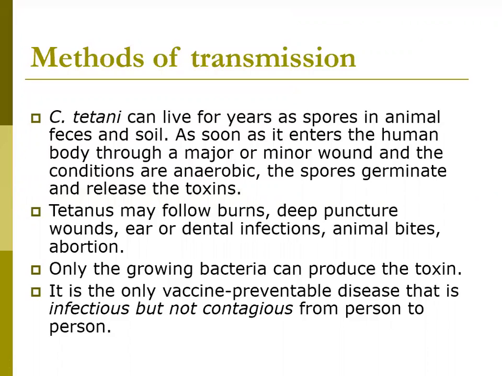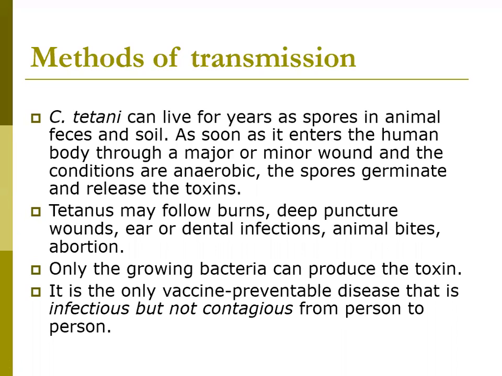Method of transmission. First of all, it can live for years as spores in animal feces and soil. As soon as it enters the human body through a major or minor wound and the conditions are anaerobic, which is a must, spores start to germinate and release toxins. As their number increases by multiplication, the level of toxin also increases.